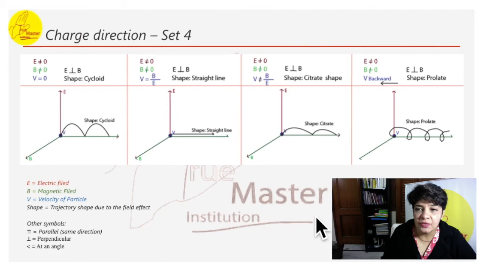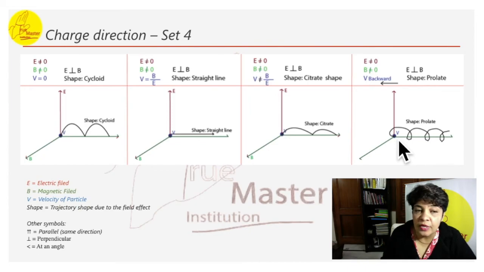Now in case 4, electric field and magnetic field are perpendicular. So here this is the electric field, this is the magnetic field, they both are perpendicular. The charge here moves in the backward direction. If the charge was not in this direction but has been thrown in the backward direction, then this shape will be called a prolate.